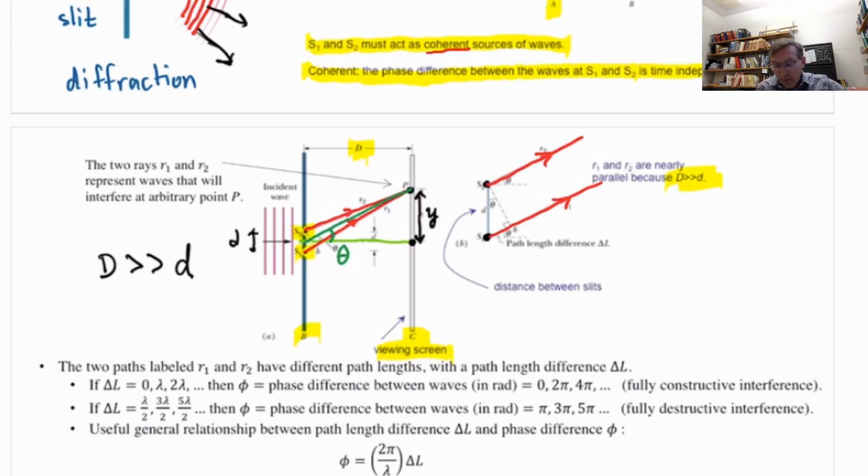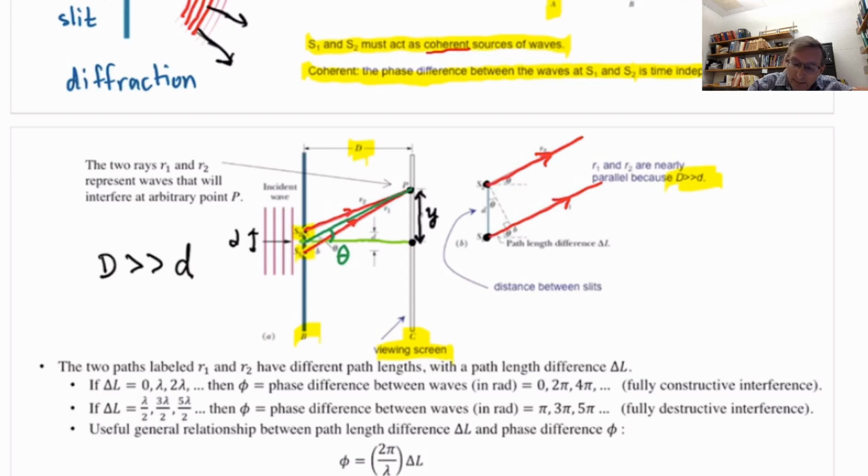And so the wave that travels along R1 travels farther to get to point P than the wave that travels along R2. And what we want to know is the path length difference for the two waves, because that's what's going to produce the phase difference.